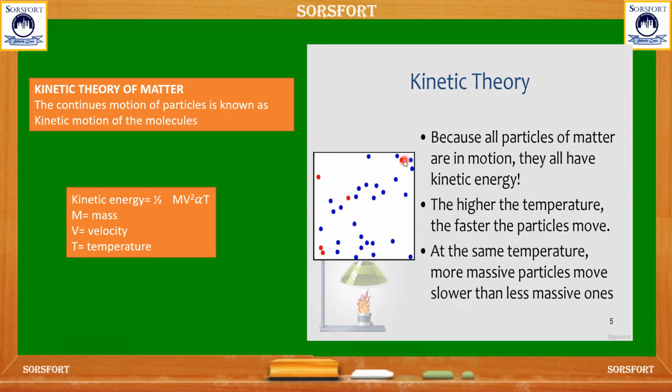suppose we put a drop of ink into water. The molecules of ink get mixed with the molecules of water and soon the water becomes colored. Before, water is colorless, but as soon as I add red ink into that water, it becomes red. Why? Because of the kinetic motion of the molecules.